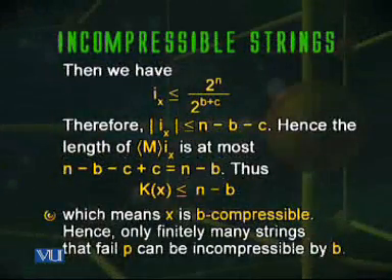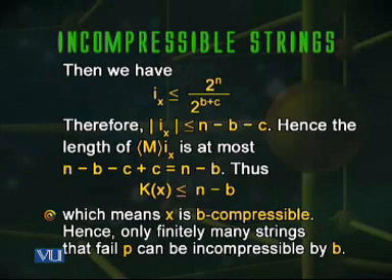If the descriptive complexity of a string is less than or equal to n minus b, which means you have saved b bits by describing it in a clever way, then that string is called compressible. So this means x cannot be incompressible. This shows that if x is incompressible, and p of x equals true, then the length of x must be less than n.